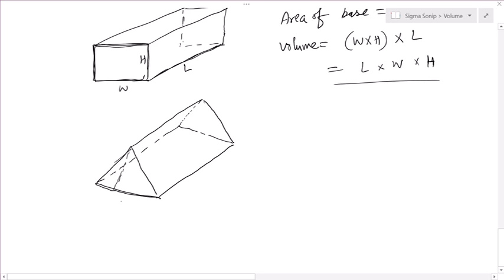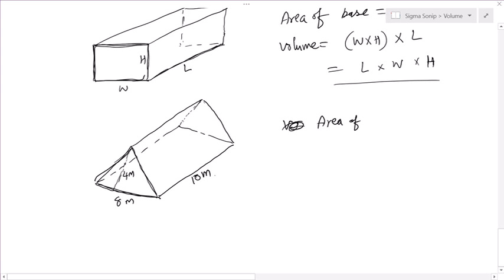This triangle has got this size of say 8 meters, and that height of 4 meters, and this is a length which is say 10 meters. So it got two bases here. That's base number 1 here, and that's base number 2, which makes it a prism. So volume is equal to area of base.